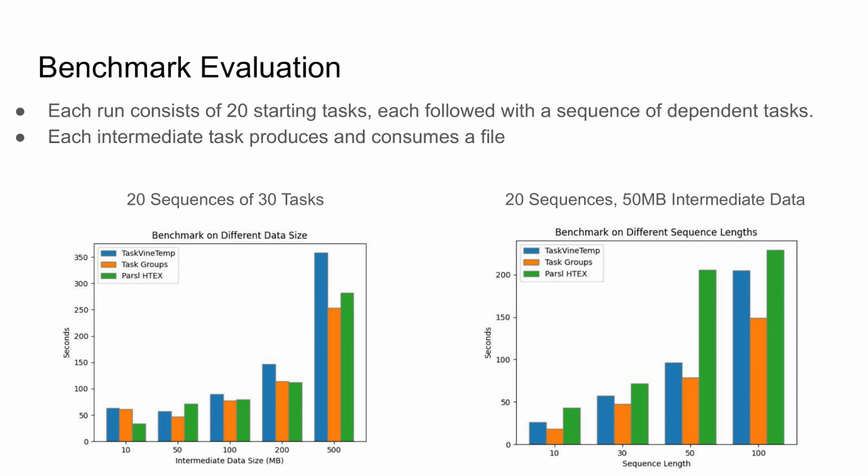But as we grow the size of the data, we can see task groups start to become competitive and then eventually exceed the performance of the high throughput executor. Whereas the normal TaskVine temporary files, because it does not have the benefit of this scheduling policy, falls short of both.